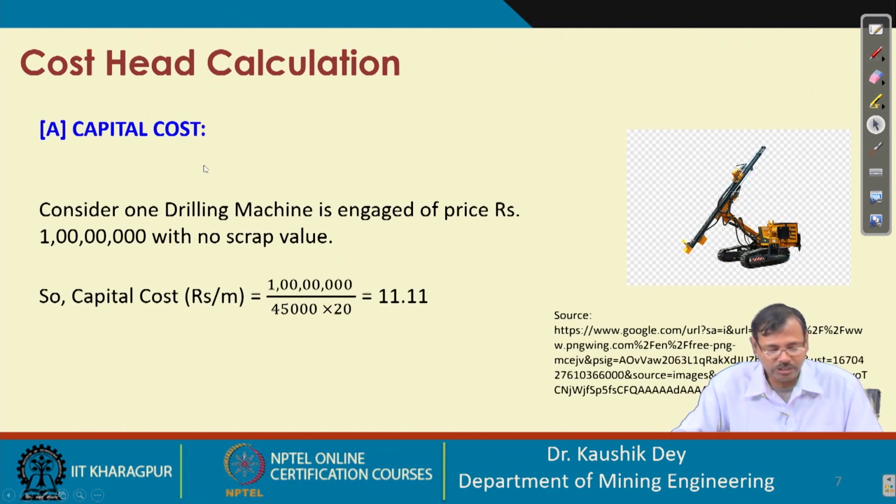Then we have calculated the capital cost, that is 10 million rupees or 1 crore rupees, the price of the machine, divided by the life, and in each hour we are achieving 20 meter drilling per hour. So, that is why it is coming to 11.11 rupees per meter.